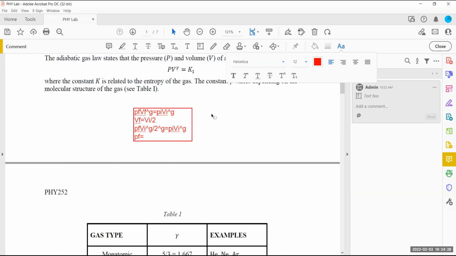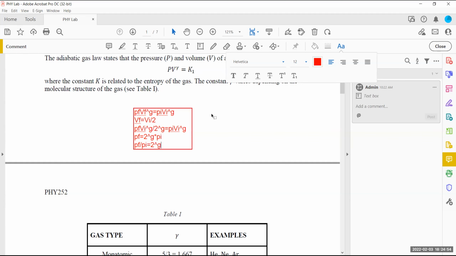2 to the power gamma times P initial. So whatever that P initial is, it's going to increase by a factor of 2 to the power gamma. In other words, this implies that P_F over P_I is equal to 2 to the power gamma.